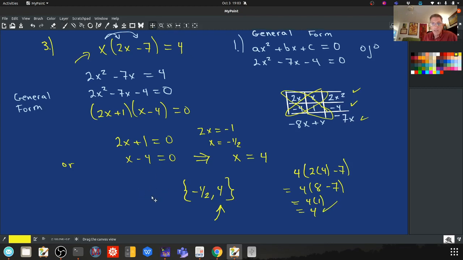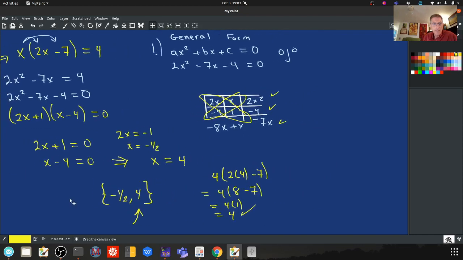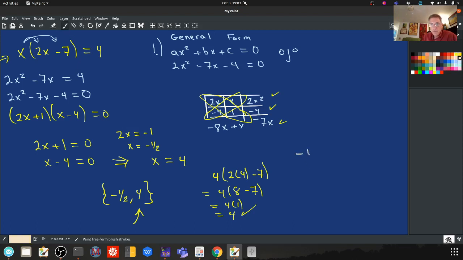And now let's try x is equal to minus 1/2. So I have minus 1/2 times 2 times minus 1/2 minus 7. That's minus 1/2. 2 times minus 1/2 is minus 1, and minus 7.